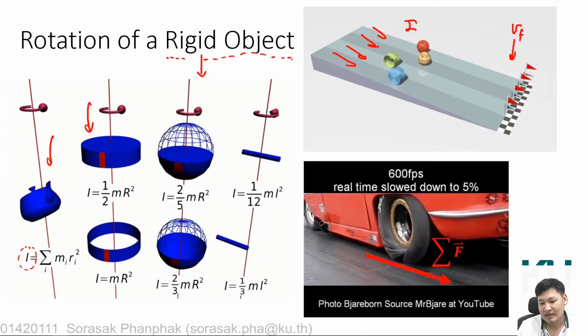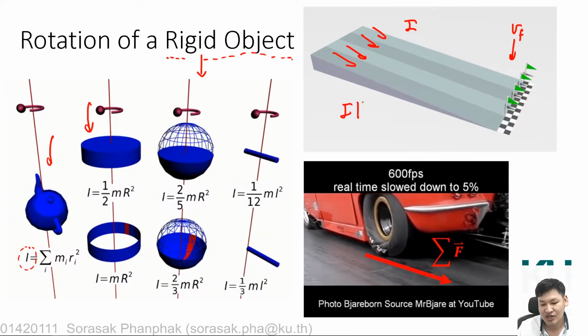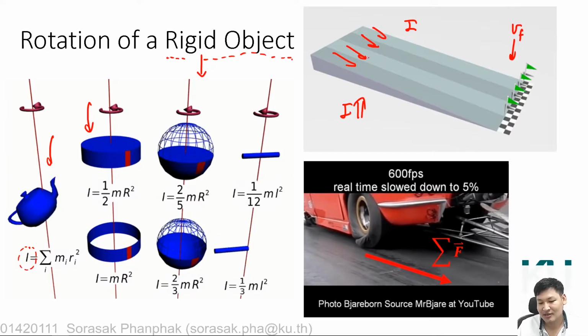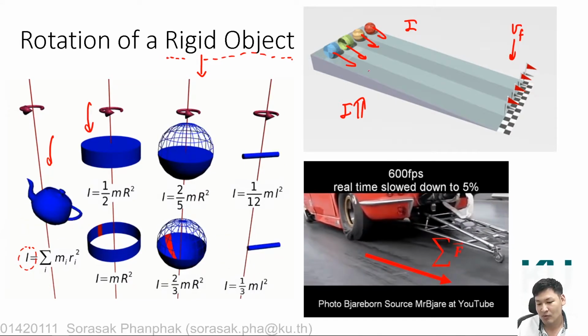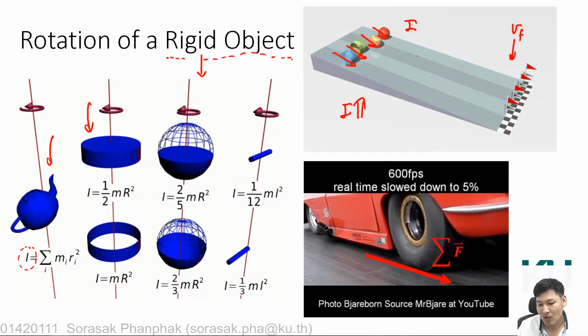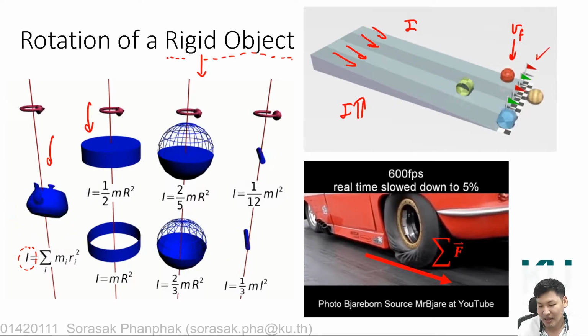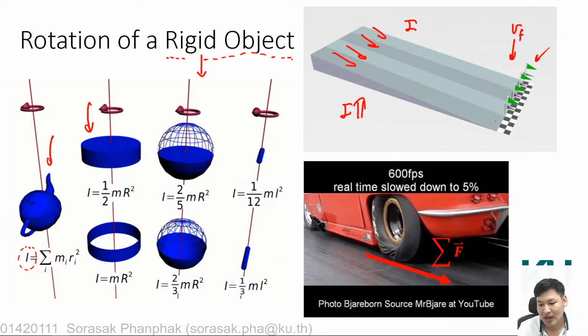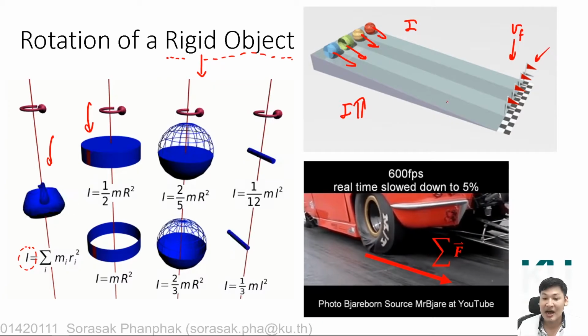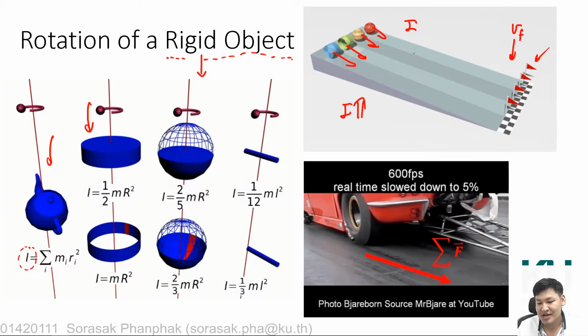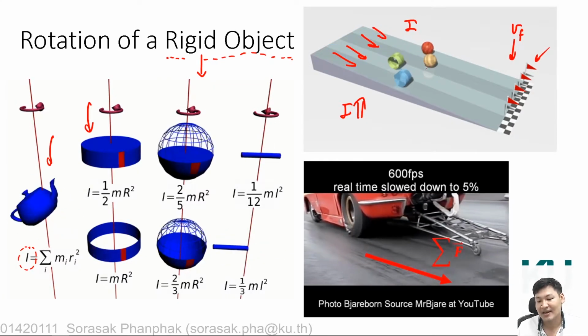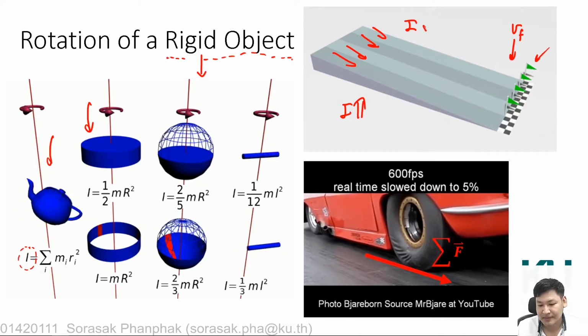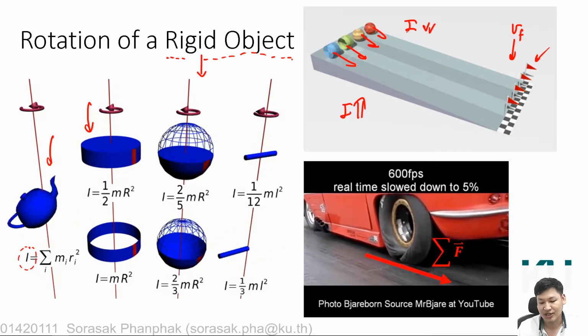So a higher moment of inertia resists rotation more, and you can see the objects reach the final line at different times. That means they rotate at different rates due to the moment of inertia.